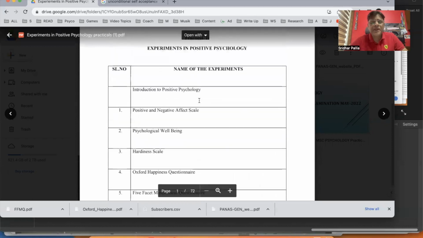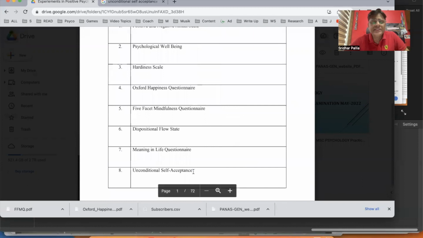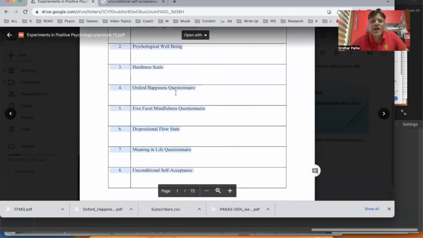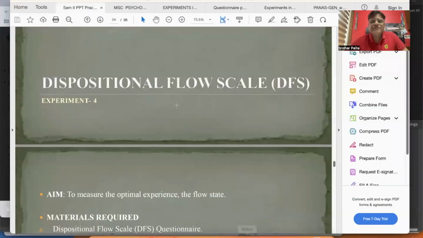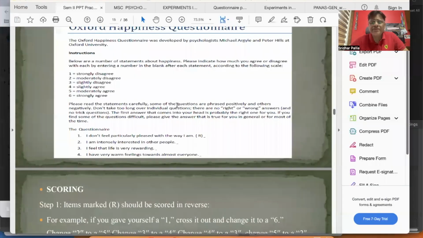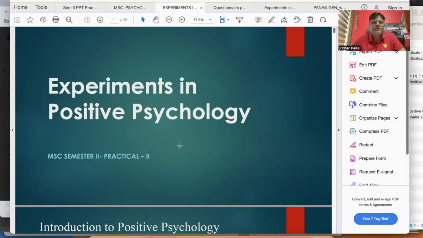Just a word of caution here. In this particular document, they have given 8 experiments. However, in the other PDF, they have given us the 5 experiments. So I presume that for the scope of this semester, we are going to have these 5 experiments.